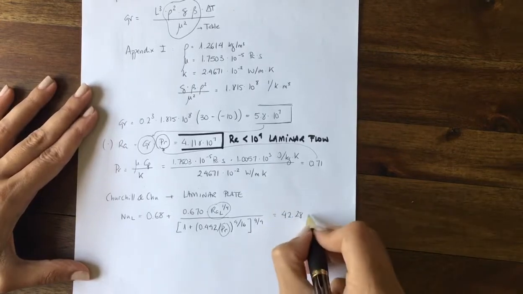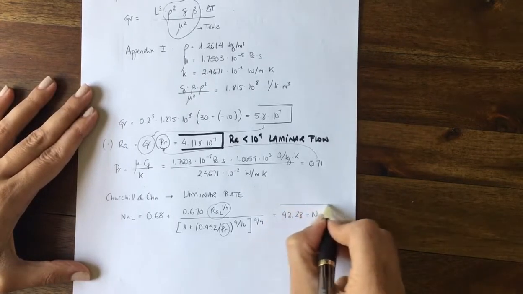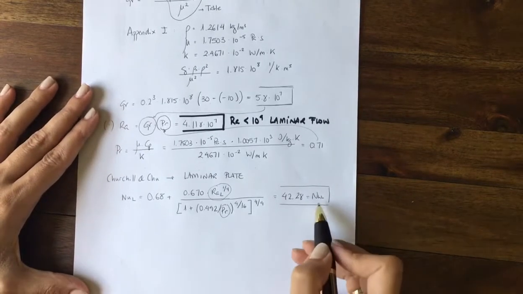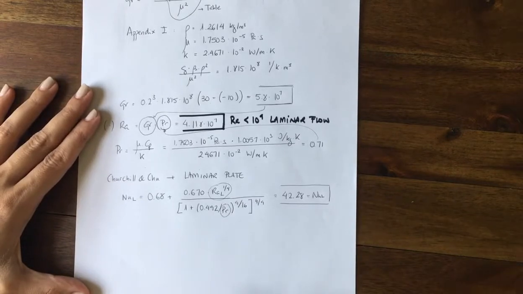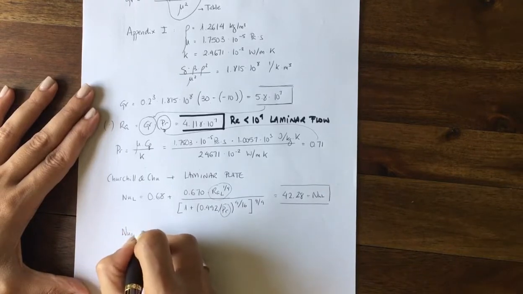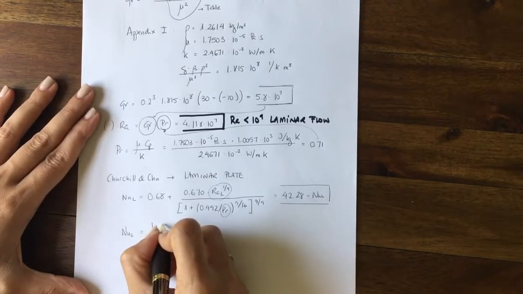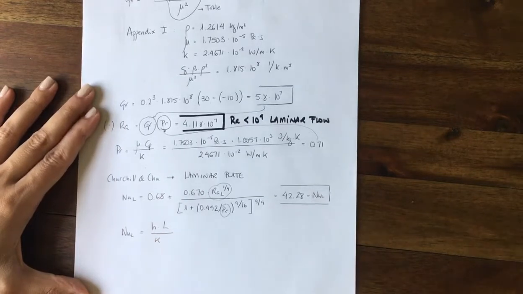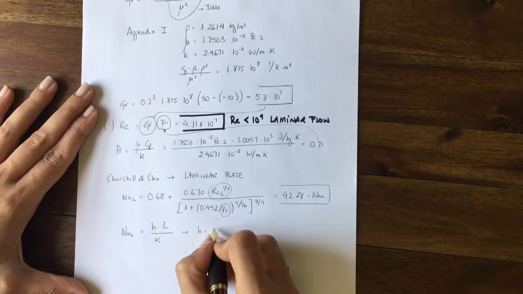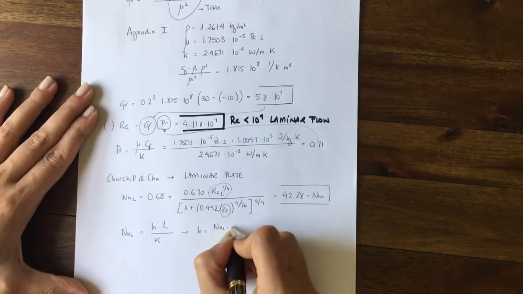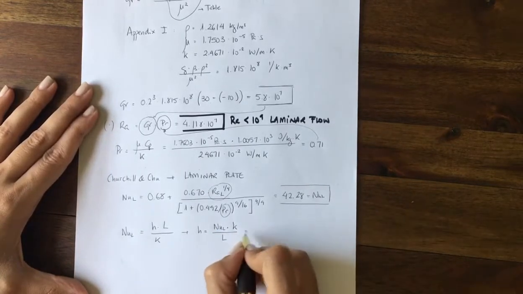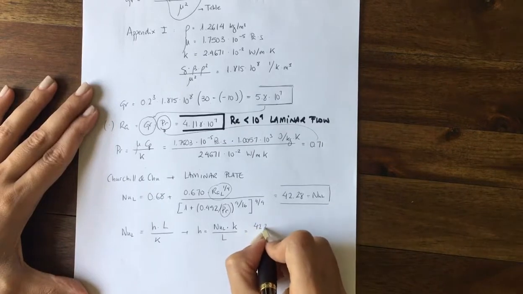Once we know the value of the Nusselt number, we know there is a relationship between the Nusselt number and the convective heat transfer coefficient. So the Nusselt number is equal to h times L over the thermal conductivity. Therefore, h is equal to the Nusselt number times the thermal conductivity over the length. The Nusselt number is 42.28.